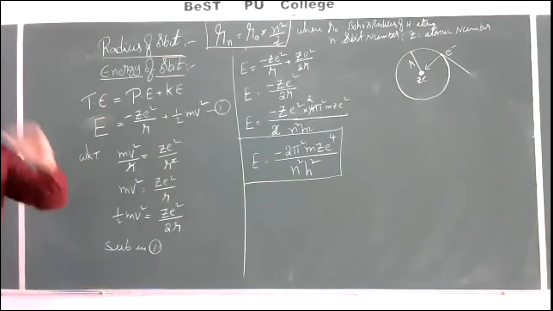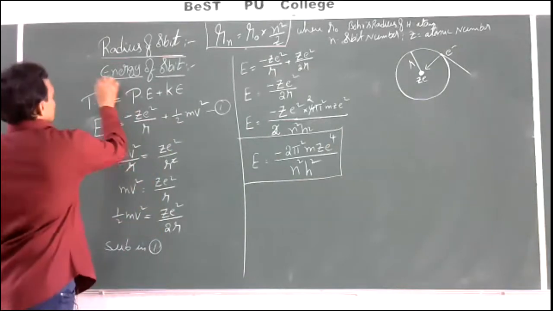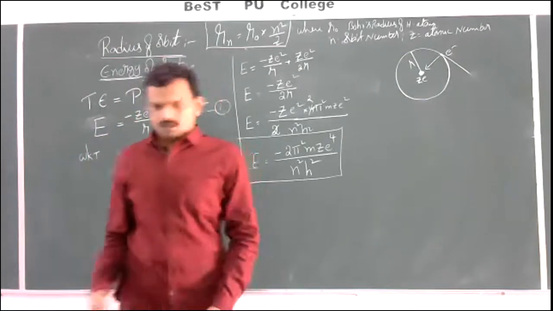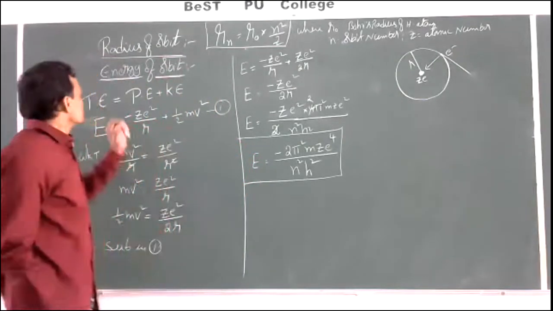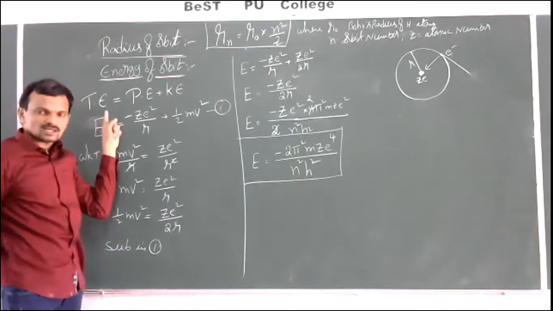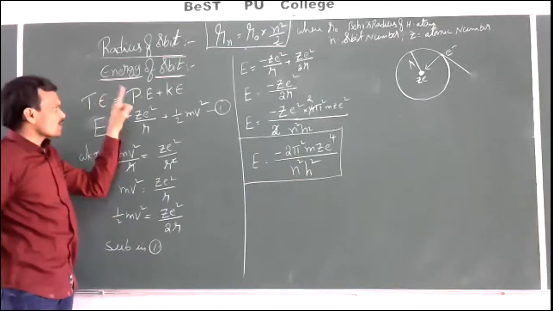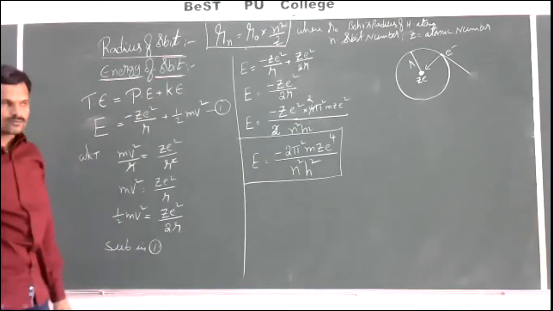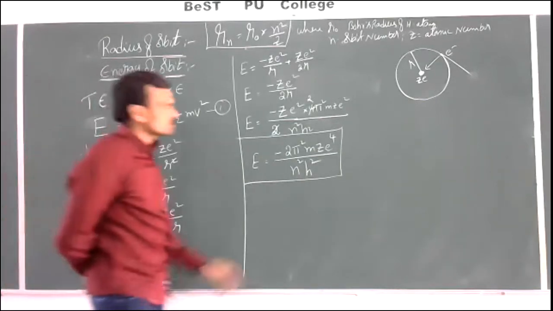Okay, let us see once again all this. Derive an expression for the energy of the orbit. See, for the revolving electron, total energy is equal to the sum of potential energy plus kinetic energy. What is potential energy?